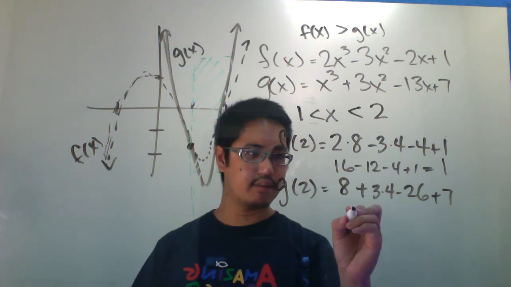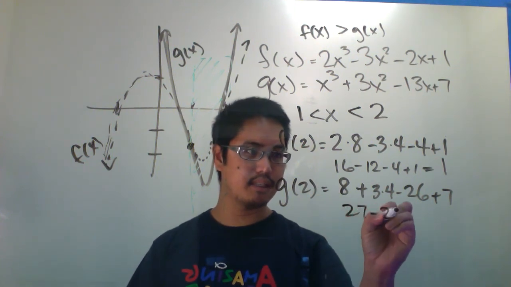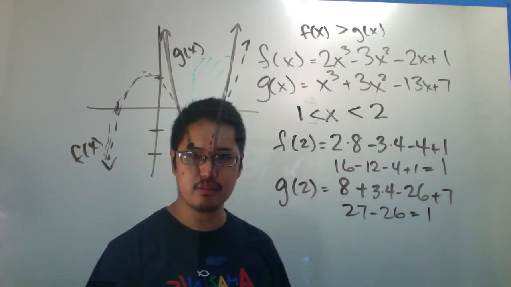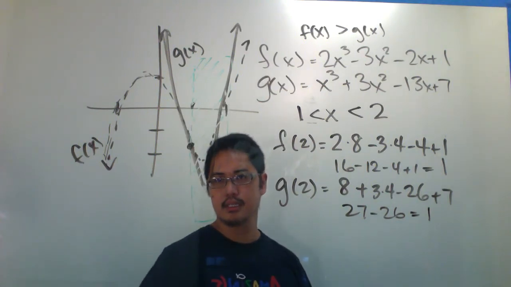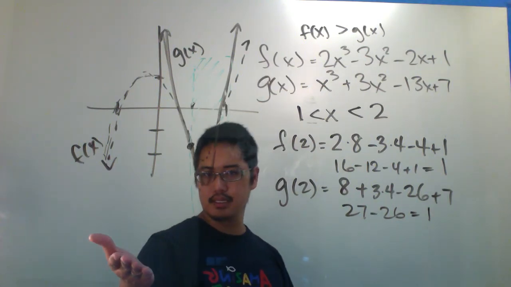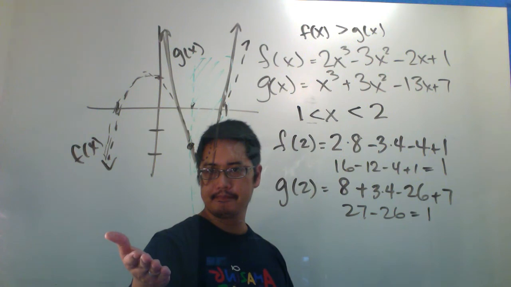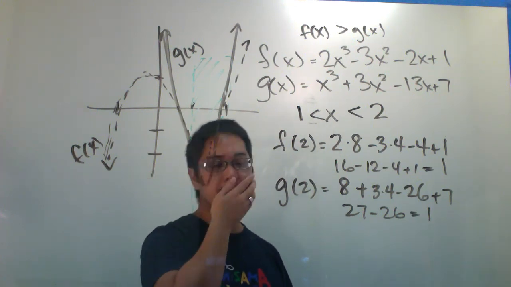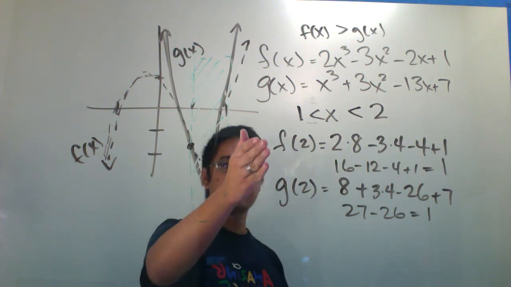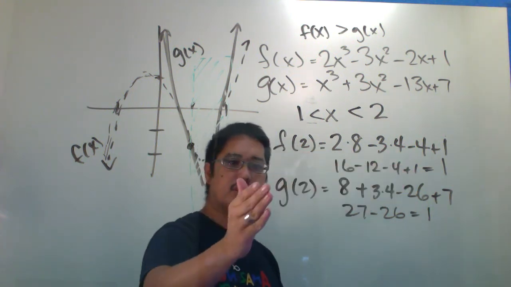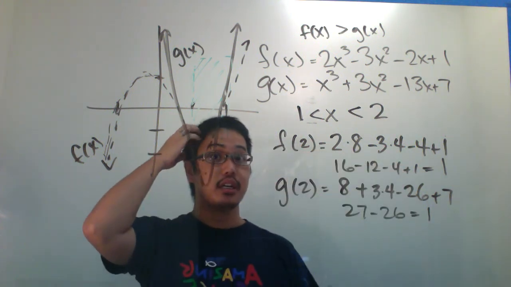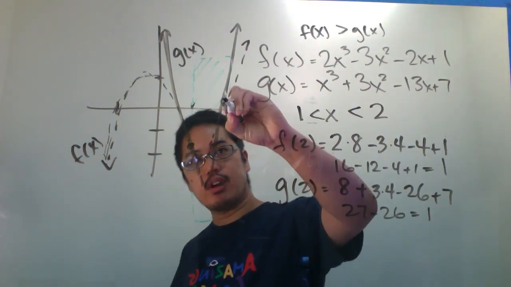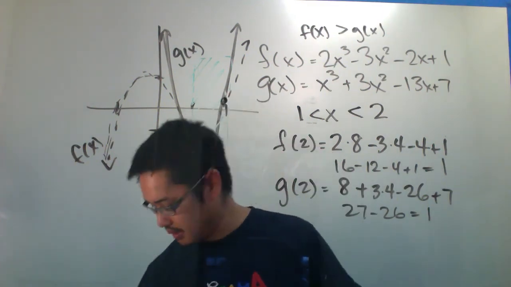Then you add another 7, so that's 27 minus 26. That's also equal to 1. Did I lose anyone there, or did that make sense to you? All right, good. So f of 2 is equal to 1. G of 2 is also equal to 1. It's telling me that they also cross at that point.